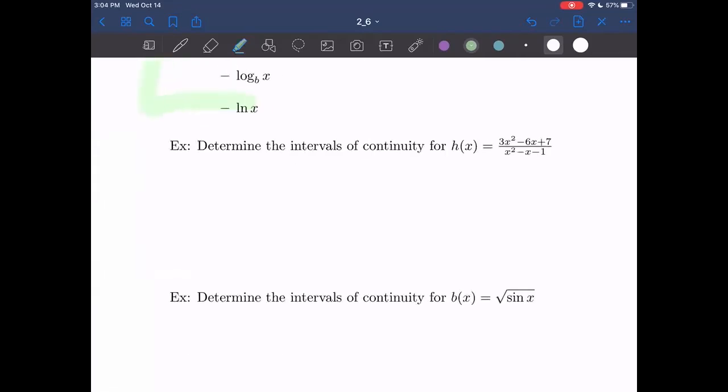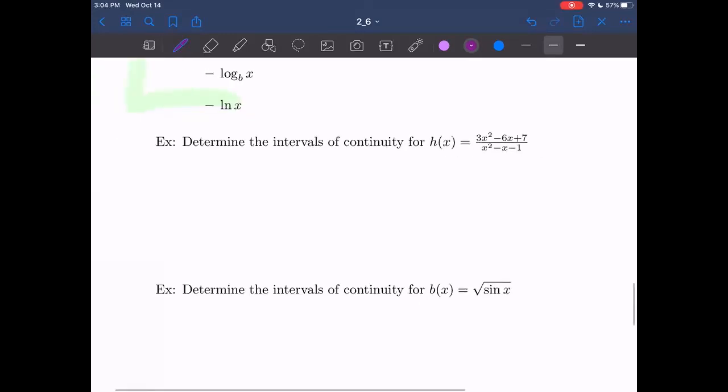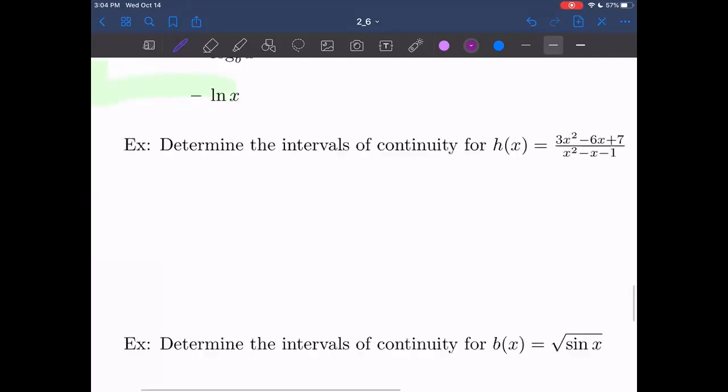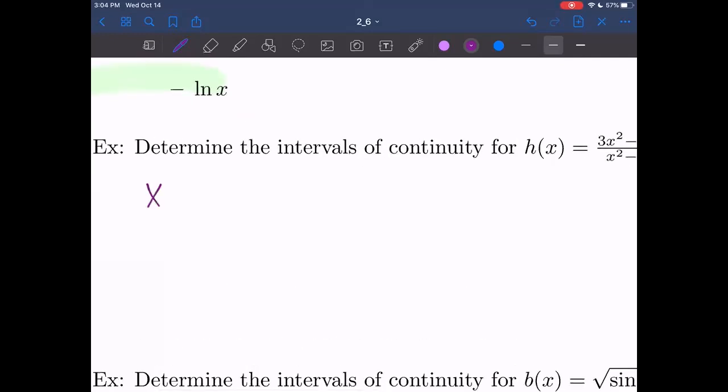Last couple of examples. We might be asked to determine the intervals of continuity for a function, and we'll use our theorems depending on what the function is. For example, we've got a rational function here, so we use our theorem about rational functions. A rational function is continuous for all the x that don't make the denominator 0. So we set the denominator equal to 0.